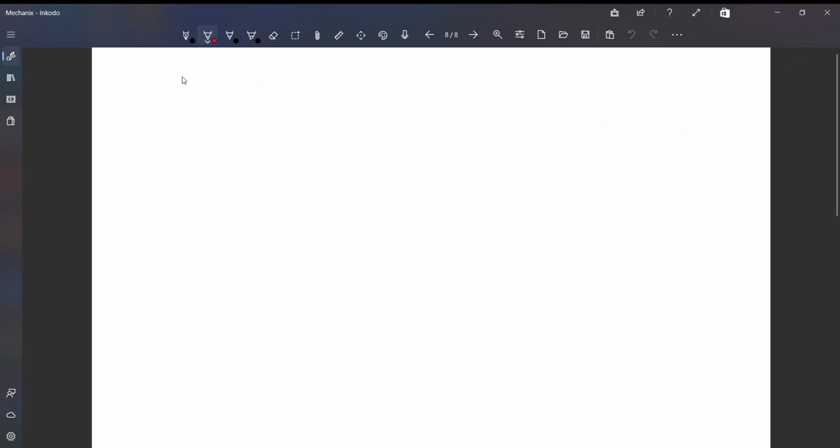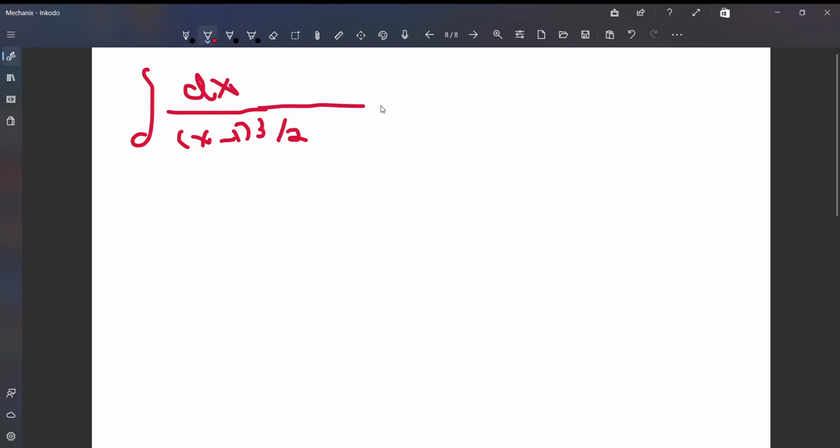Alright, so the next question will be integral of dx over x minus 1 to the power 3 by 2 and x minus 2 to the power 1 half.